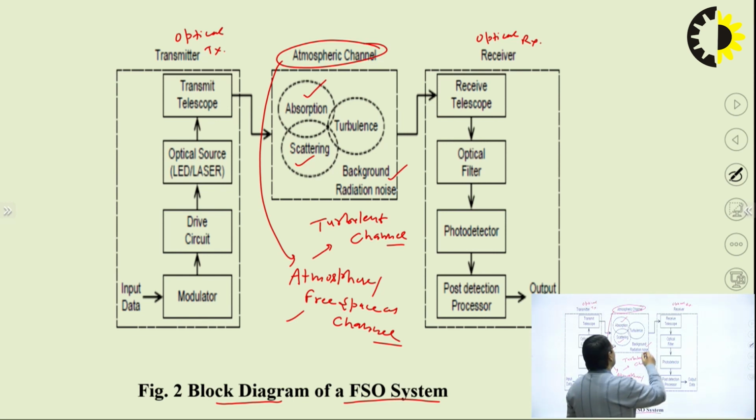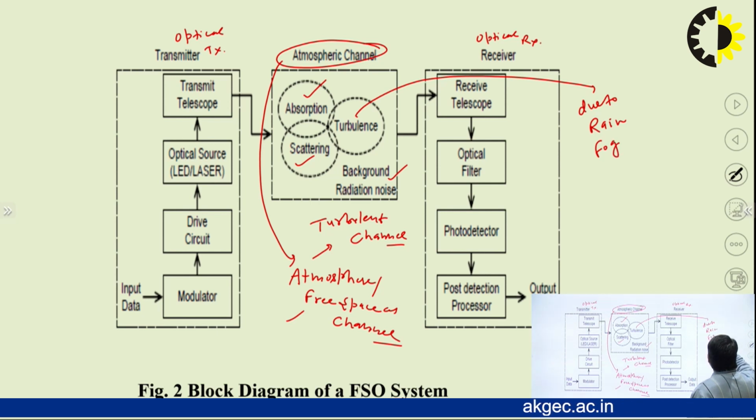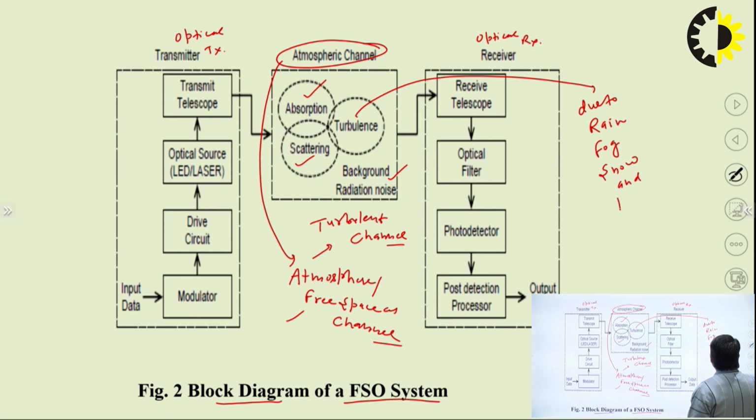Then we have turbulence effect, that is, the intensity of light while propagating through the atmosphere is affected because of the presence of rain, fog, snow and haze. So these phenomena present in the atmosphere affect the performance of FSO based communication system significantly.